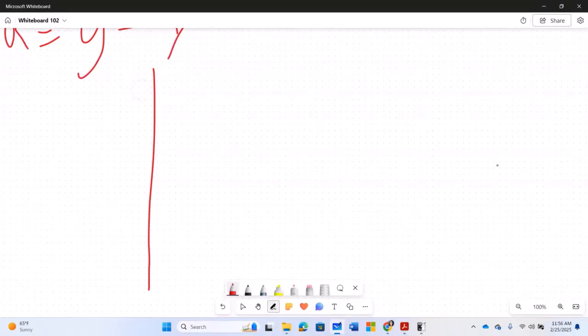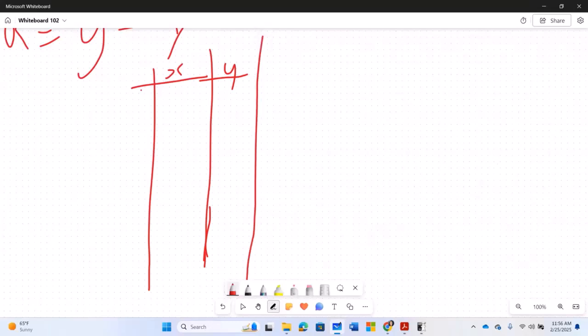So this is my x, and this is my y. Right here I am going to write the y hat. And when I write this y hat, what are the values of x?